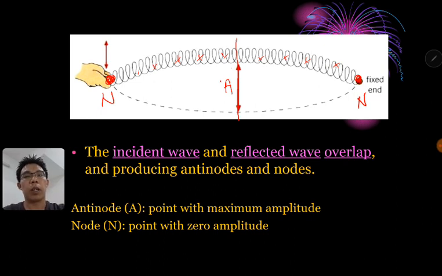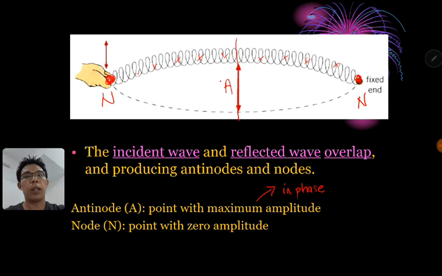Another thing regarding nodes and antinodes is that at an antinode, the waves as they meet there must be in phase. Their oscillation must be such that when one is at positive amplitude, the other must be at positive amplitude. When one is at a displacement of 1 cm, the other must be at a displacement of 1 cm when they meet there.